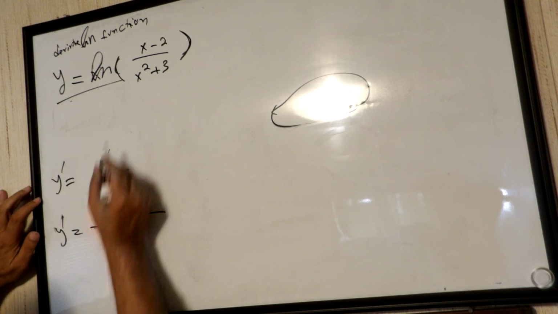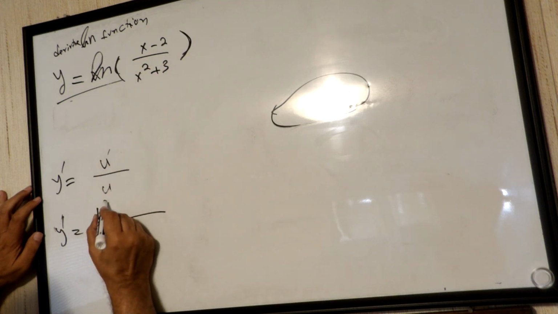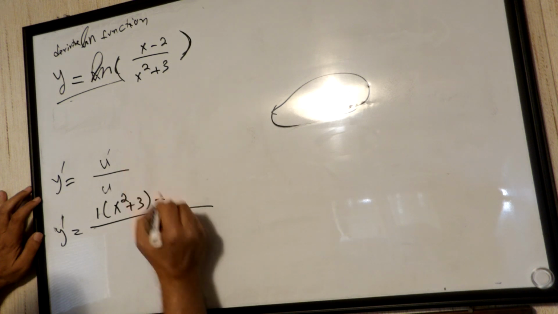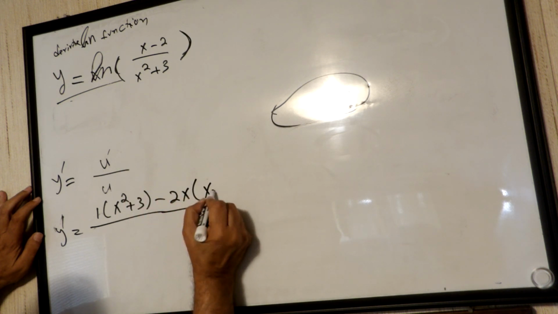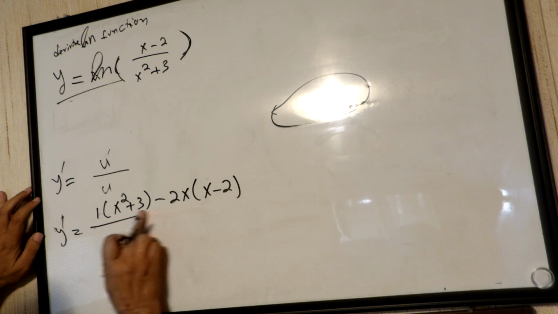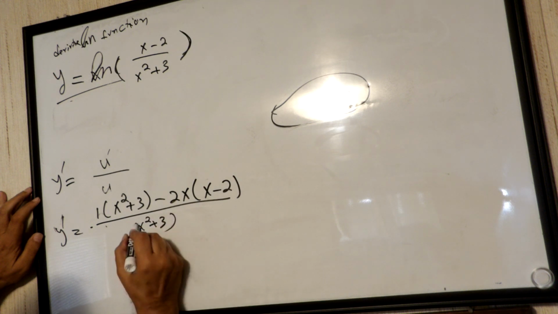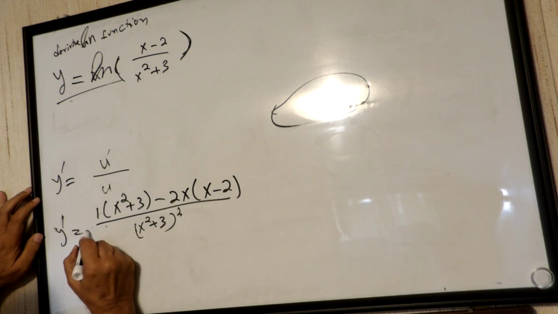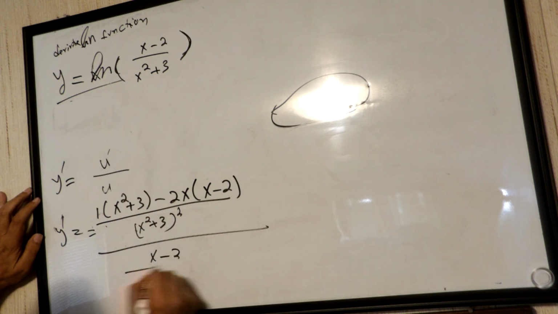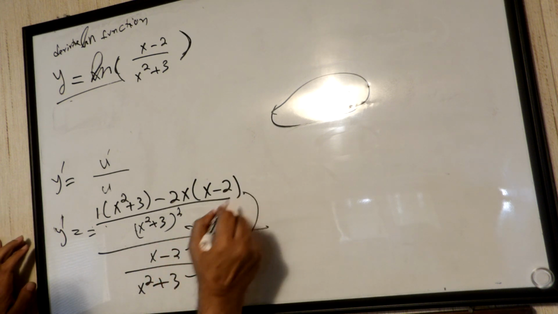The derivative of this one is going to be 1 times (x squared plus 3), minus the derivative of this one, 2x, times (x minus 2), and then (x squared plus 3) to the power of 2. These are just u prime, divided by u, which is (x minus 2) over (x squared plus 3). What you do, you multiply this by this and this one by this.